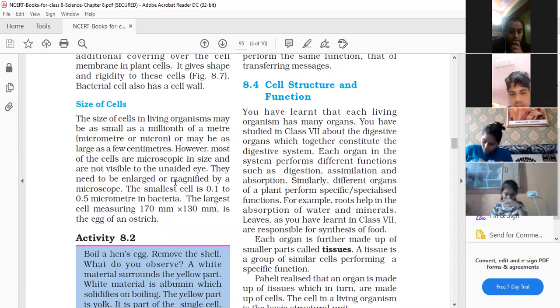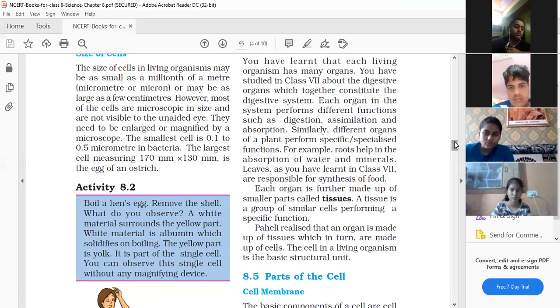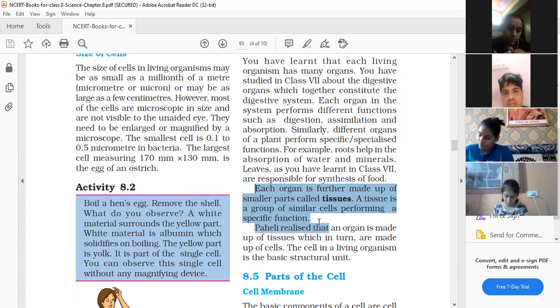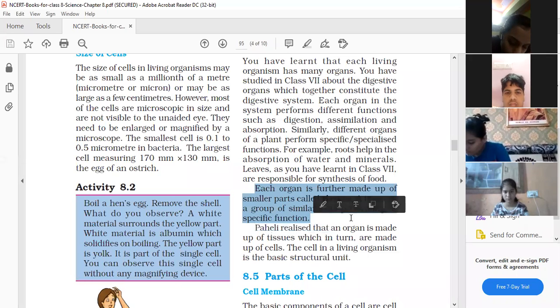Next, the size of cells we have discussed. Next comes what happens if the number of cells combine. If cells combine, kindly underline, they form tissue. Tissue is a group of similar cells performing a specific function.